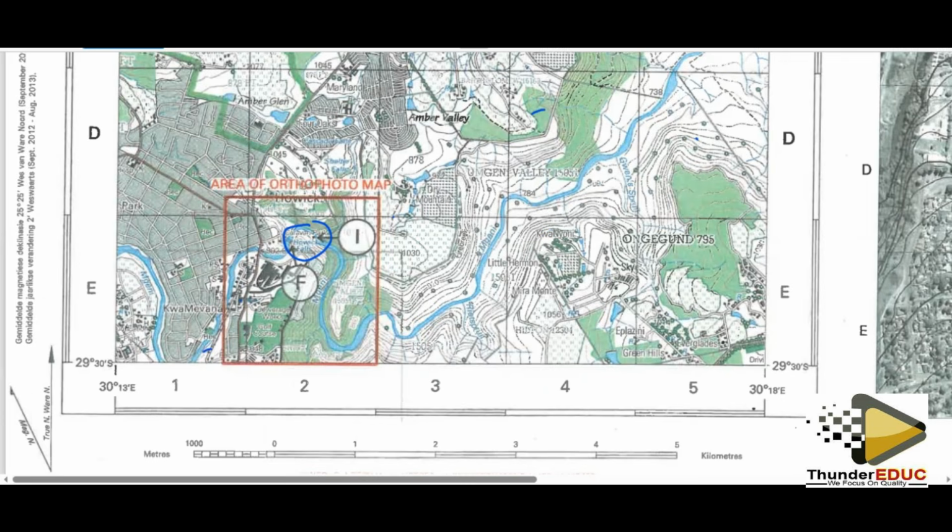Also, the meanders are more developed on this other side, which means that the river was flowing from the northeast towards the southwest.